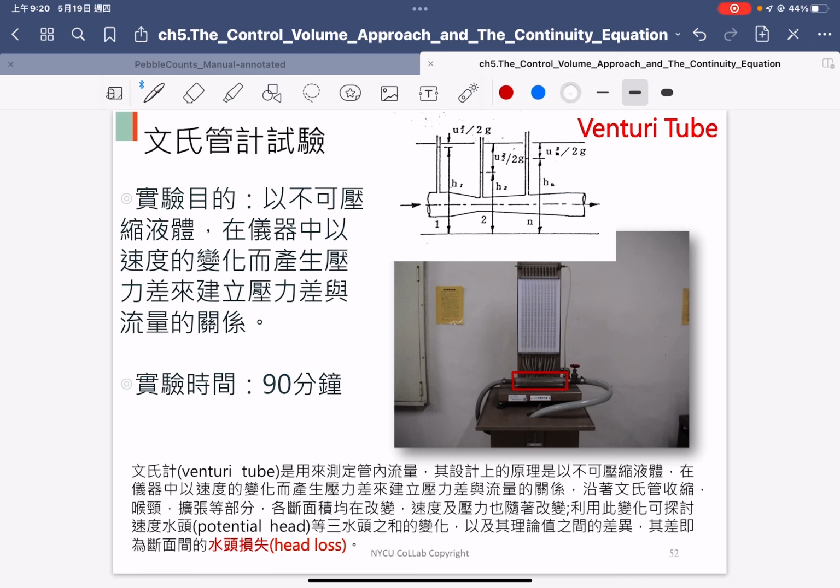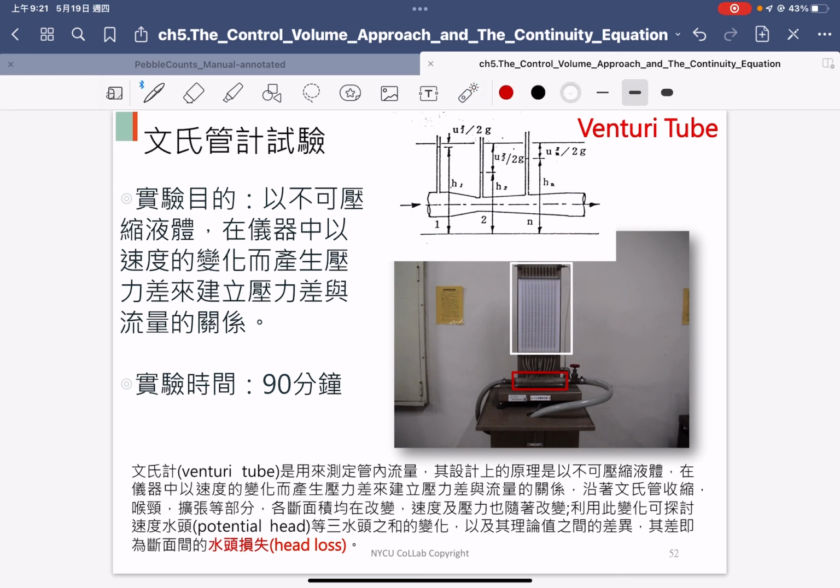Here is the pressure gauge. The bottom red square is the Venturi tube, and the upper part is our pressure gauge.